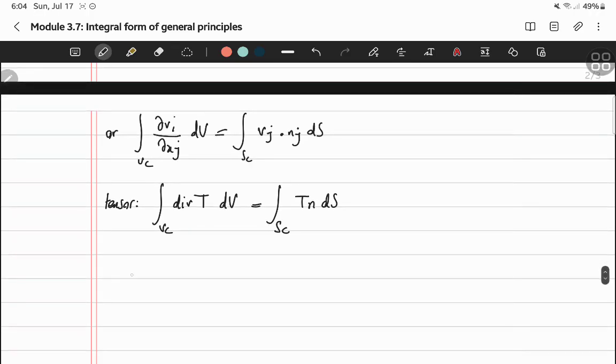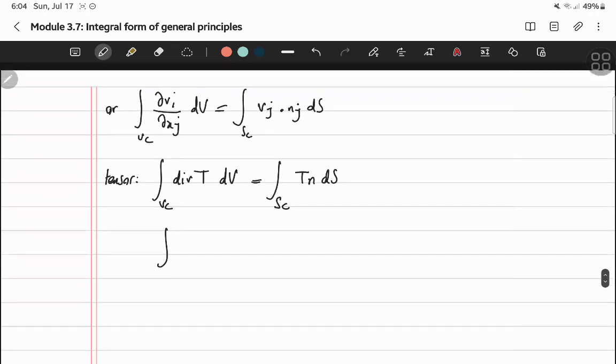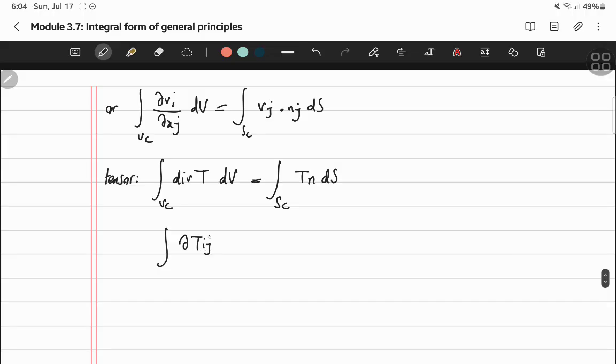So basically, this partial derivative of T_ij with respect to x_j dV on Vc becomes equal to the integral of T_ij n_j dS over Sc. Look at this subscript in here as well as in here.